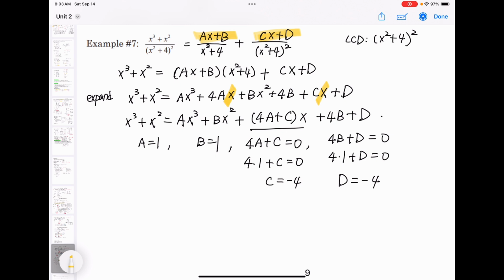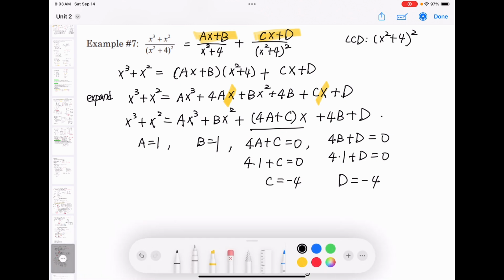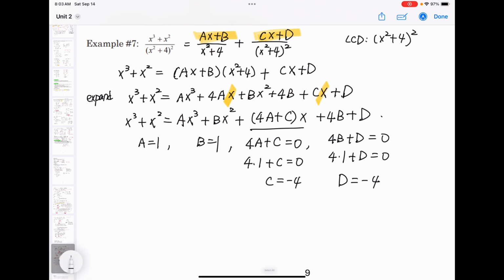On the top, we have ax plus b, which is x plus 1, divided by x squared plus 4. Then plus cx plus d, which is -4x minus 4, all divided by x squared plus 4 squared. So this is the solution.